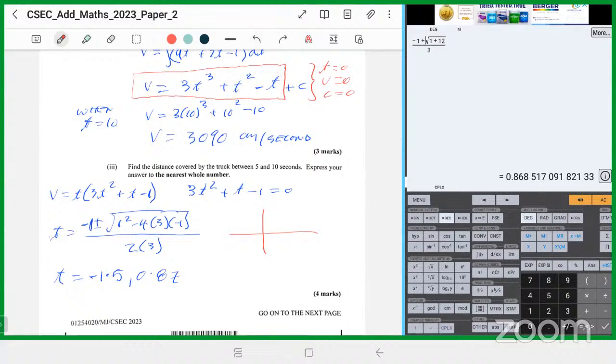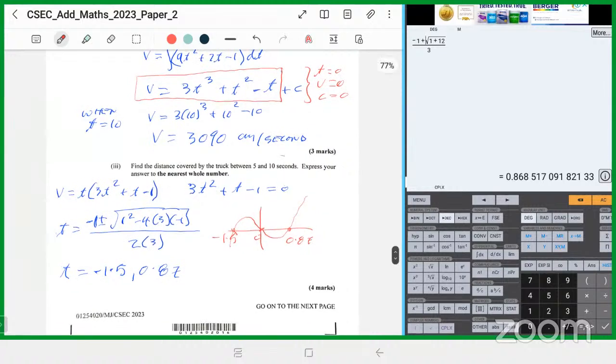So it has 3 roots: this is negative 1.5, this is 0, and this is 0.87.